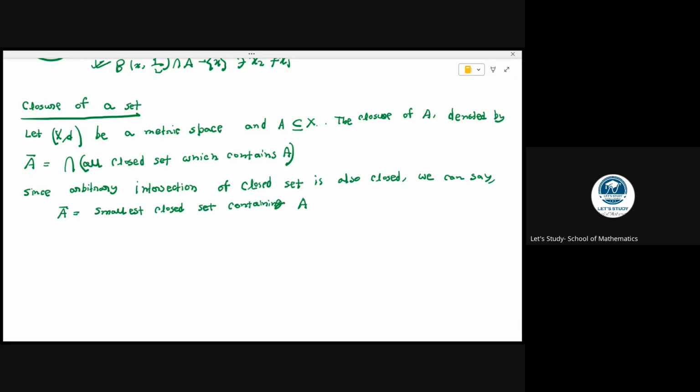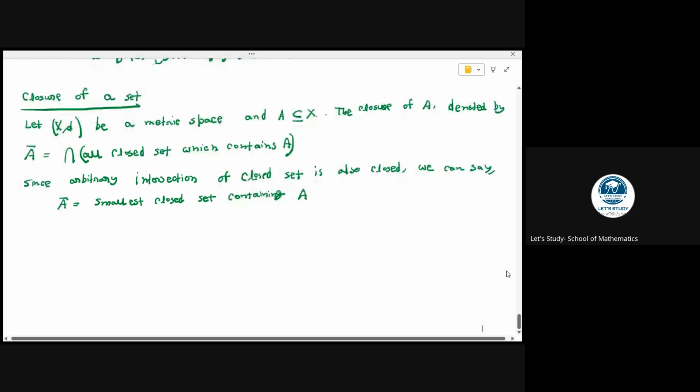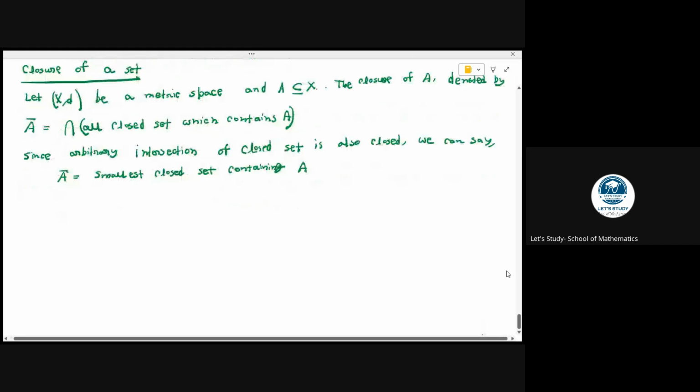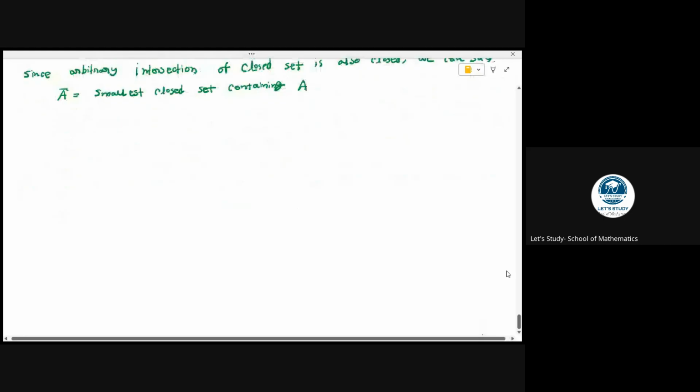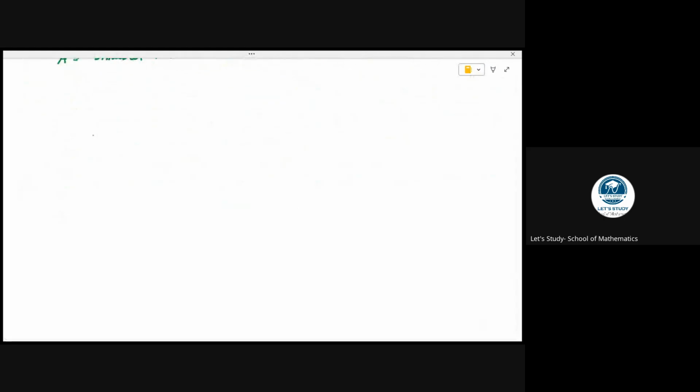Now we are moving on to again a very important result, a very important theorem.